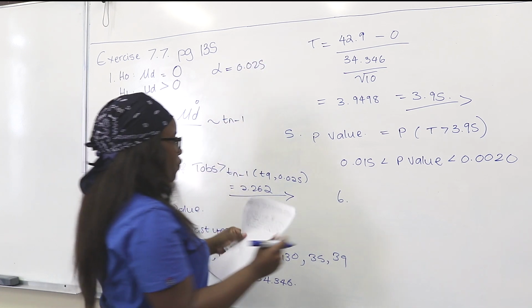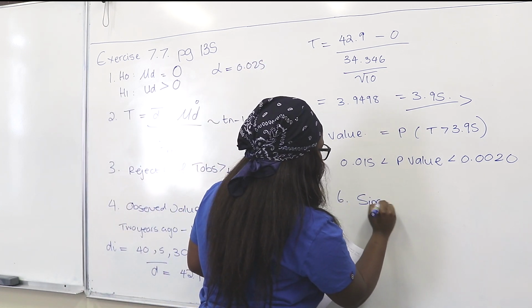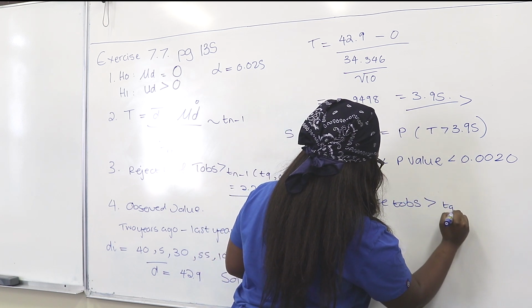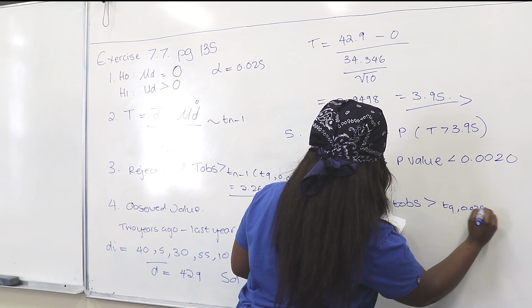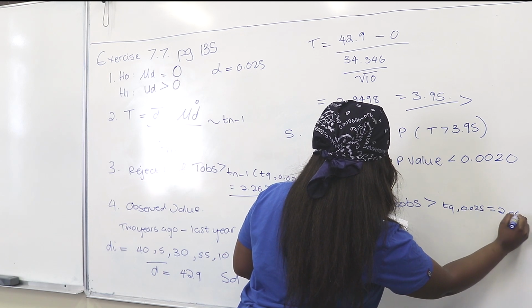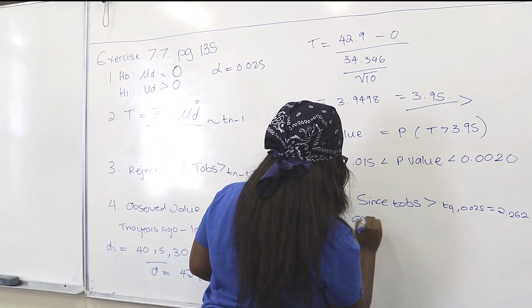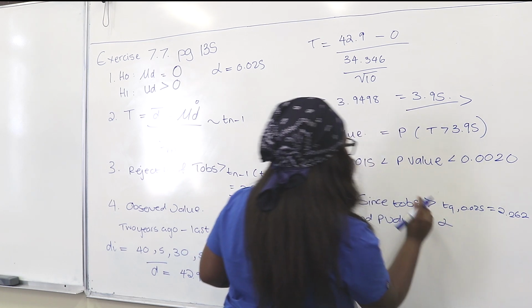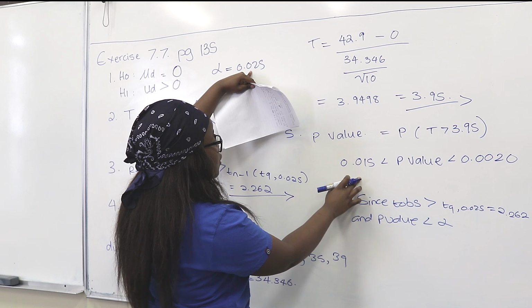And so, since T observed is greater than T9, 0.025, which was equal to 2.262, and your p-value is less than alpha. Alpha was 0.025.